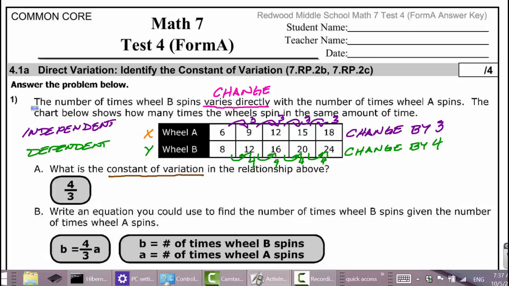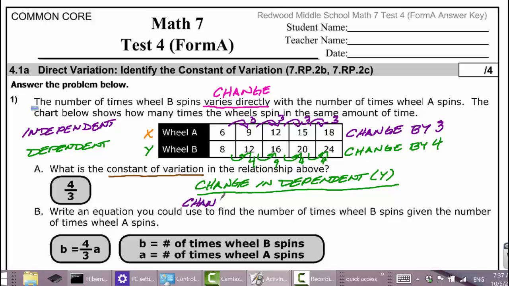The definition of constant of variation is take the change in the dependent, which is the y value, and divide it by the change in the independent, which is the x.